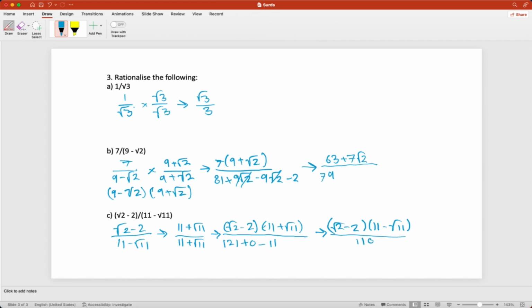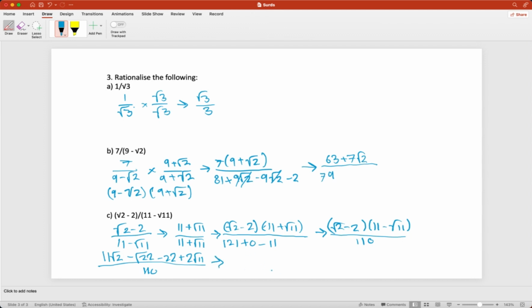And then you expand the brackets. Square root 2 times 11, which is 11 square root 2. And then square root 2 times minus square root 11 becomes minus square root 22. And then minus 2 times 11 becomes minus 22. And then minus 2 times minus 11 becomes 2 square root 11. All of this over 110.